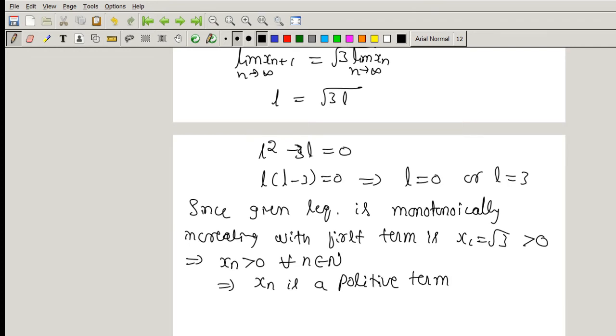It is increasing and starts from root 3, therefore it converges to some positive value which must be greater than root 3.